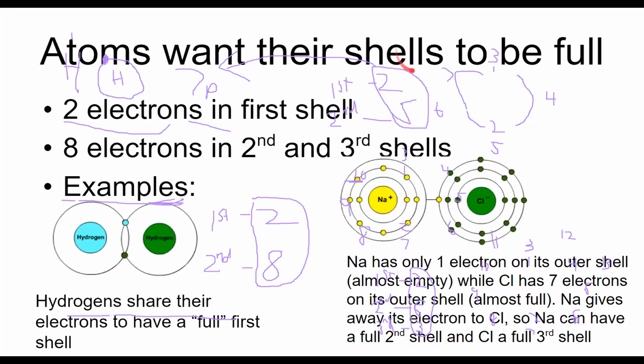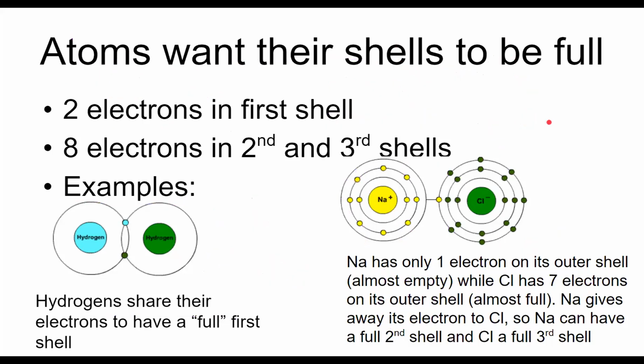One thing that I want to introduce now, because we'll start talking about it in more detail next week, is the idea that atoms, obviously, are tiny imperceptible particles. They can't really have wants or needs or desires.